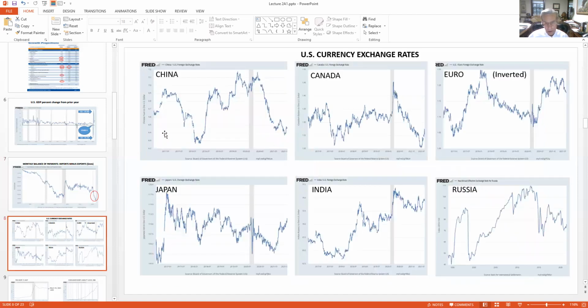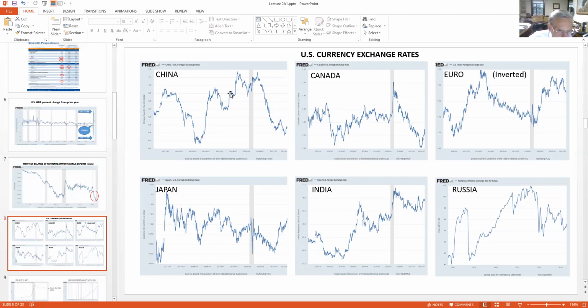So if we take a look at US currency exchange rates, what we see in the case of China is that the US dollar buys a lot fewer yuan than it did some time ago. I was in China somewhere around here, and as a matter of fact, it must have been a little earlier.